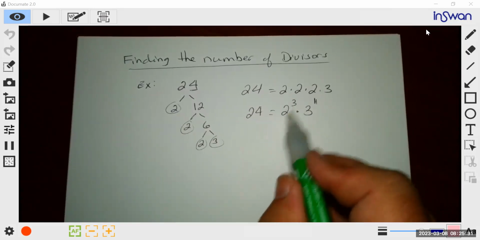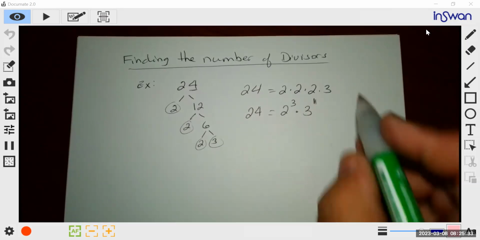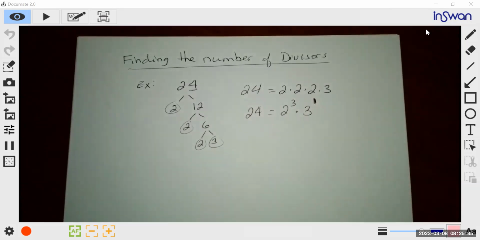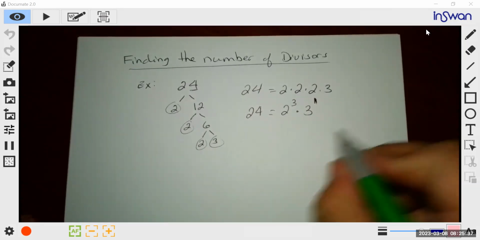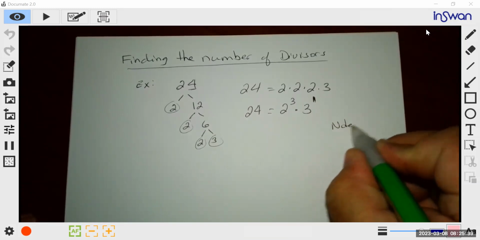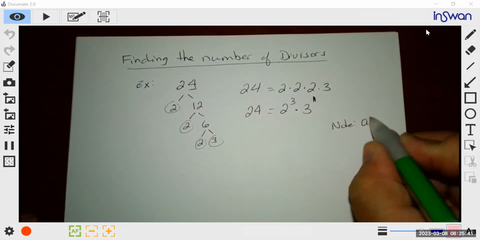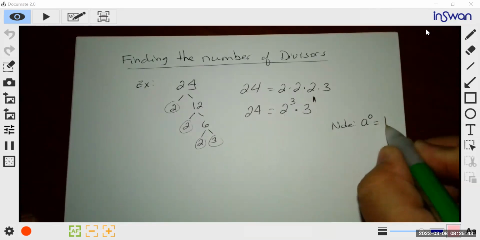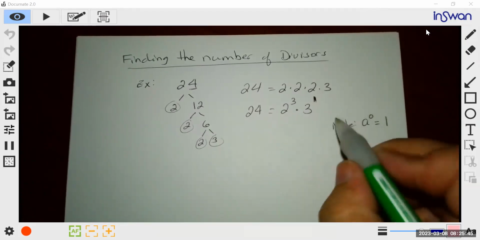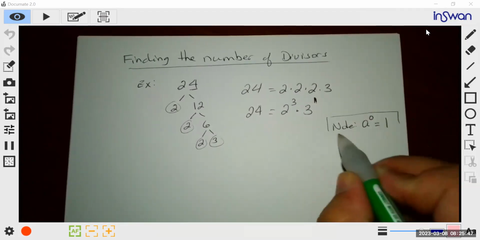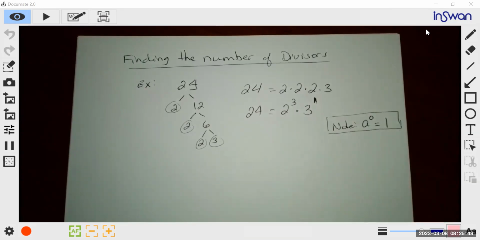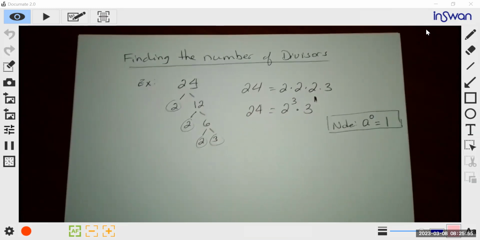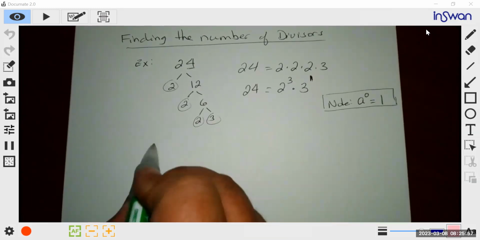Because now we're going to use these numbers individually and then together to tell us how many numbers we can have. Here's a note. We have to remember this. Anything to the power 0 is 1. Any number to the power 0 is 1. So this is when we create a chart.